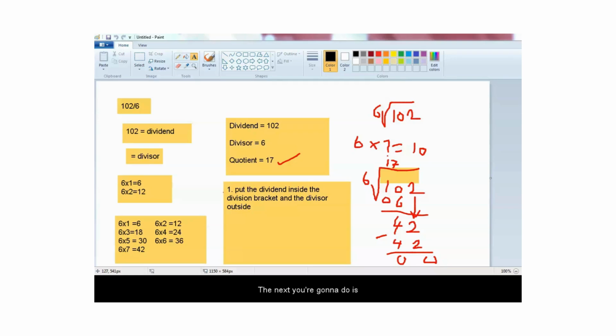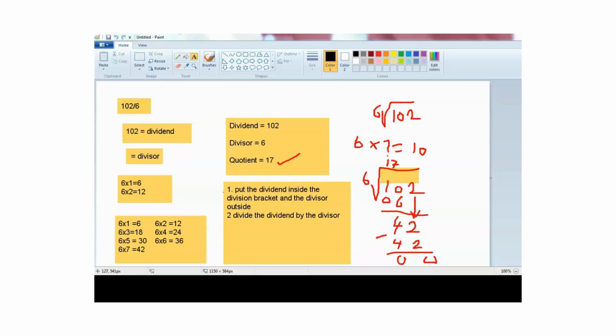Then the next thing you're going to do is divide the dividend by the divisor. You divide 102 by 6.